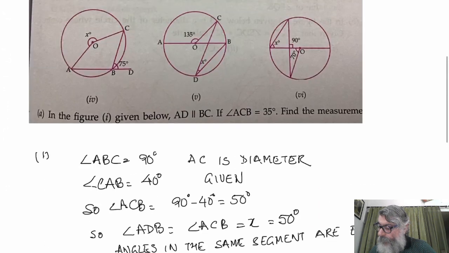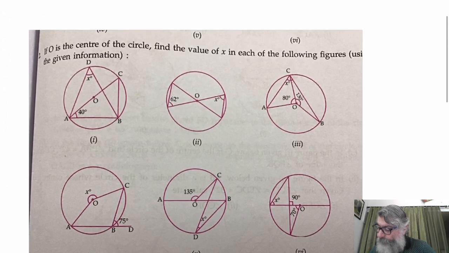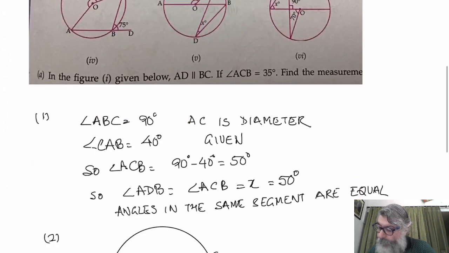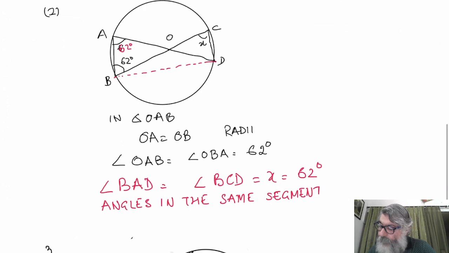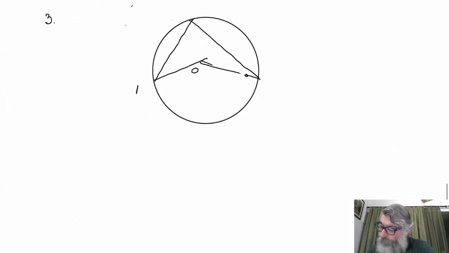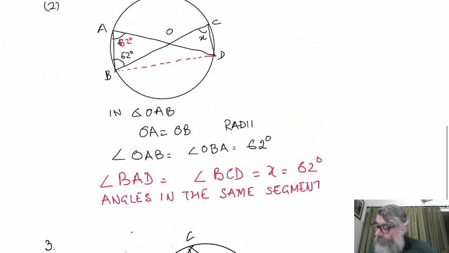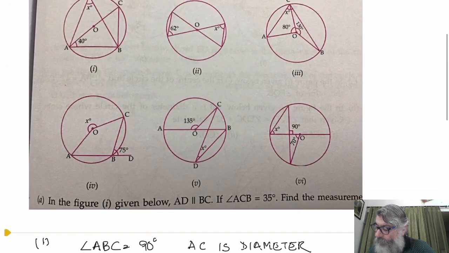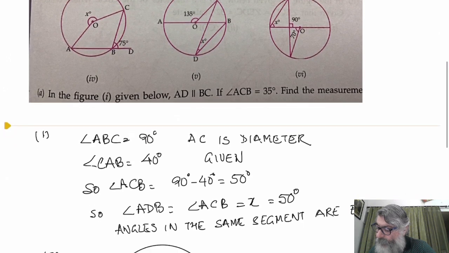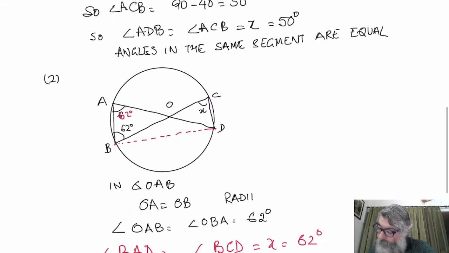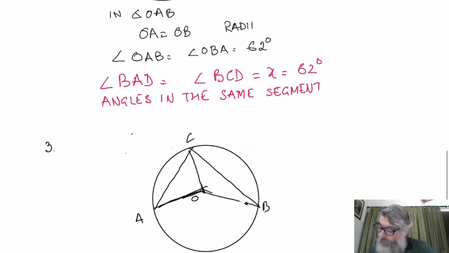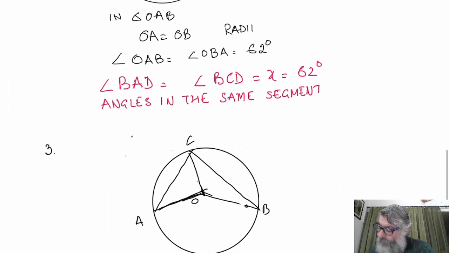He has given ACB, and he has joined this to this. So O is the center actually. O is the center, and he has given the angles to be 80 and 130, and he wants x. He has given this angle 80. This angle is 80. This angle is 130. He wants to find x.